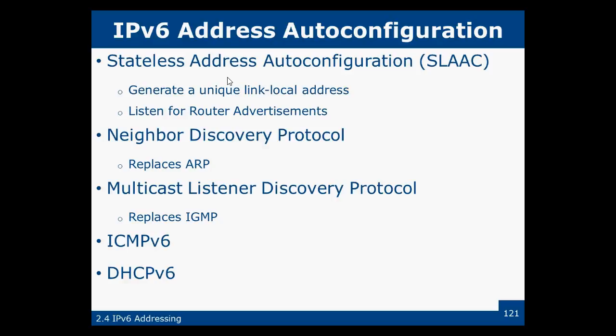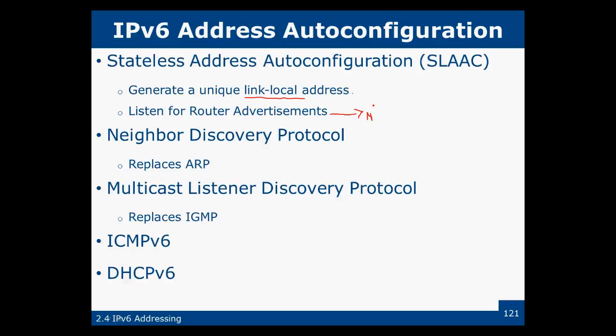Stateless address autoconfiguration is when we generate our own unique address, and we do that with the link local address, and all of them have a link local address. Then the routers are going to tell us what network we're on.